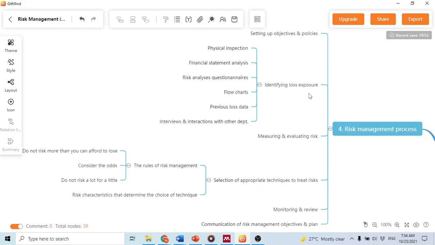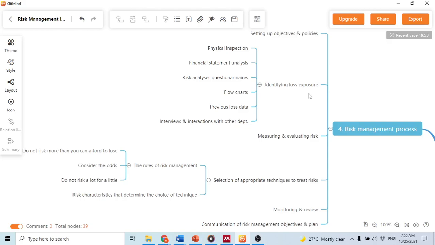The risk identification process is a systematic and continuous approach to identify property, liability, and personal exposures to risk. Without this process, the organization will retain the risk by default.